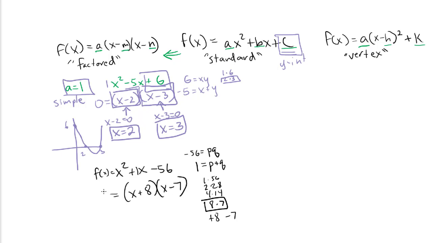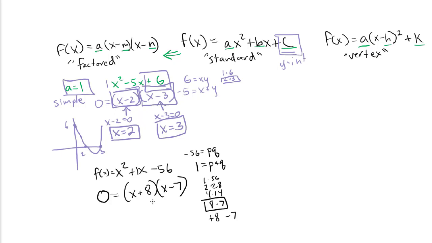And I'm going to set that f of x, or y value, equal to 0 so we get the intersection with our x-axis. Note, if you're unsure, you should always check by multiplying or FOILing out your factors. x times x is x squared. x times minus 7 is minus 7x plus 8x. That's plus 1x. Good. 8 times negative 7 is minus 56. That checks.